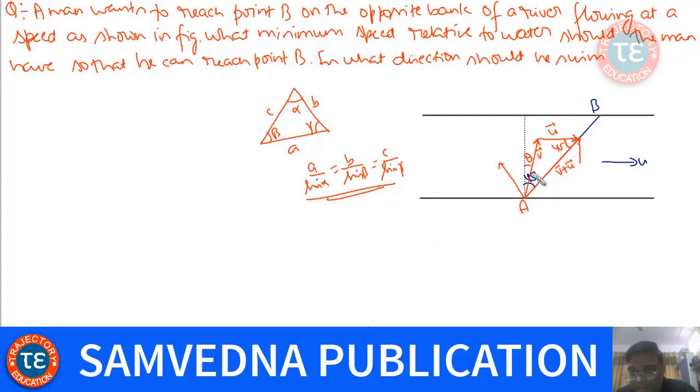So we can use this in this triangle. So this angle is 45 minus theta, and this side is u. So I can say the side length u upon sine of theta minus 45 equals to, this angle is 45, so v upon sine 45. u is given to us.